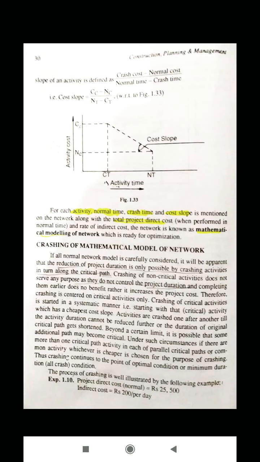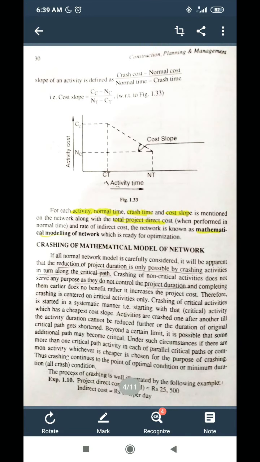This is the meaning of critical activities. So crashing of the mathematical model means we will gradually reduce the total project duration and find out the time corresponding to the minimum cost. But for that purpose, for reducing the project time, we need to reduce the duration of critical activities only, as the total project duration is governed by the critical activities only.